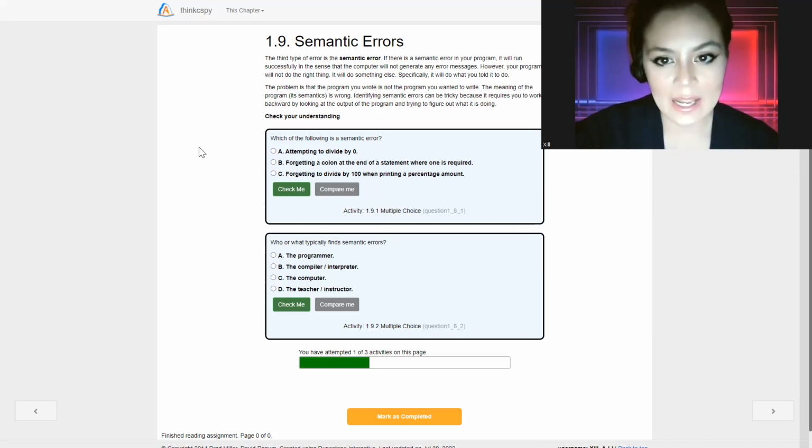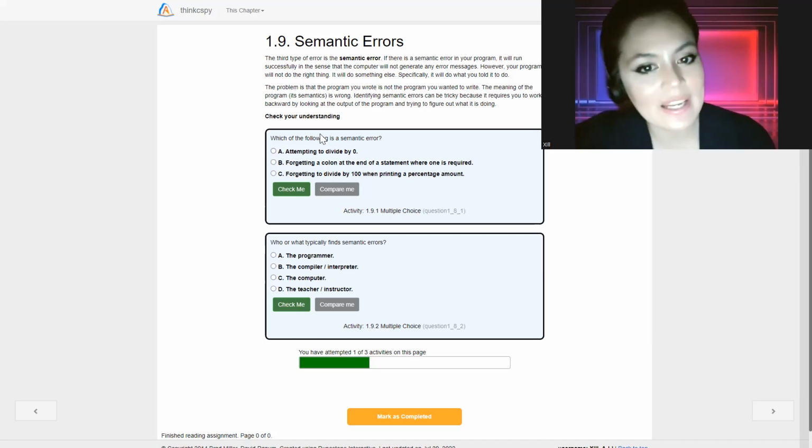Specifically, it will do what you told it to do. The problem is that the program you wrote is not the program you wanted to write. The meaning of the program, its semantics, is wrong. Identifying semantic errors can be tricky because it requires you to work backward by looking at the output of the program and trying to figure out what it is doing.